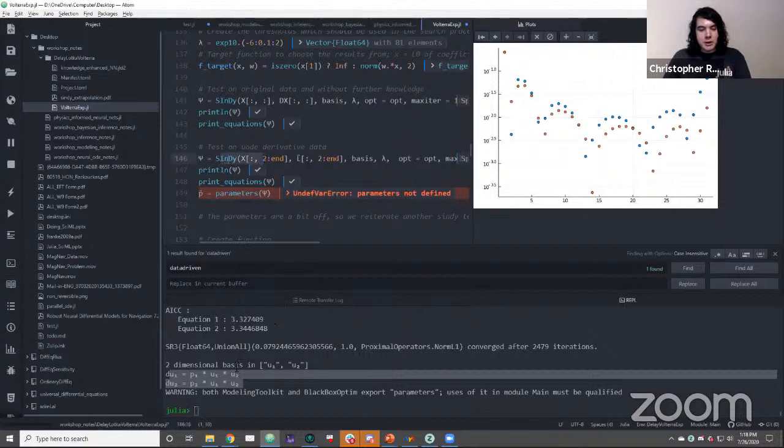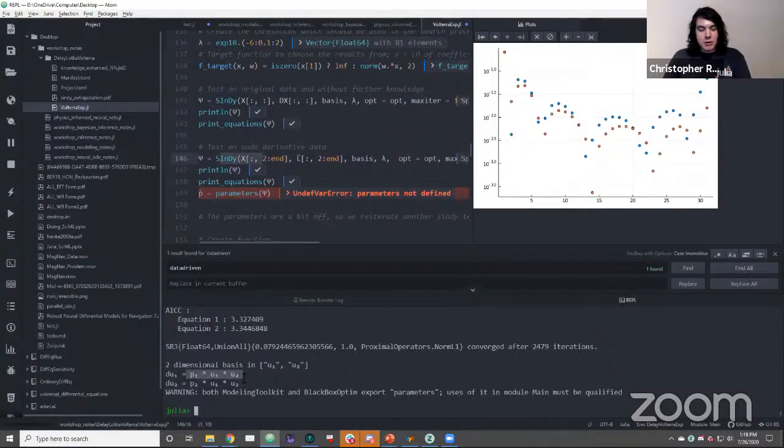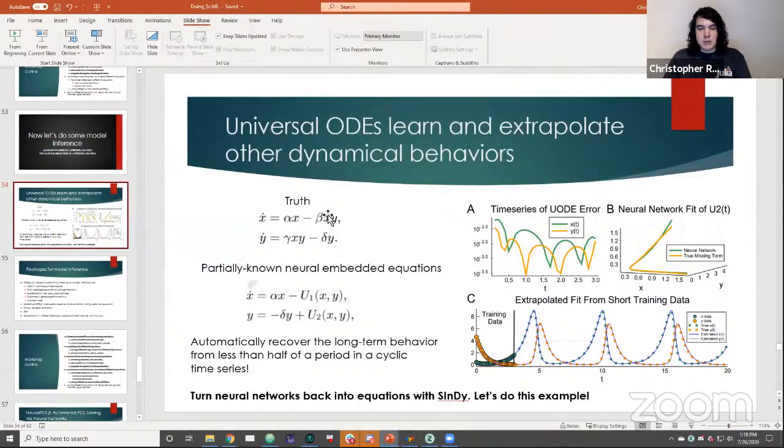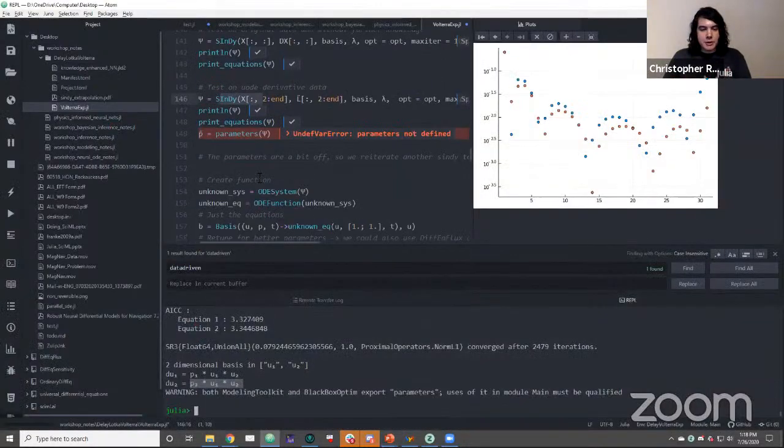We run the SInDy here, and we actually find that the missing equation is P1 times U1 times U2, and the missing equation is P2 times U1 times U2, which is the true missing equations that would have come from the data.